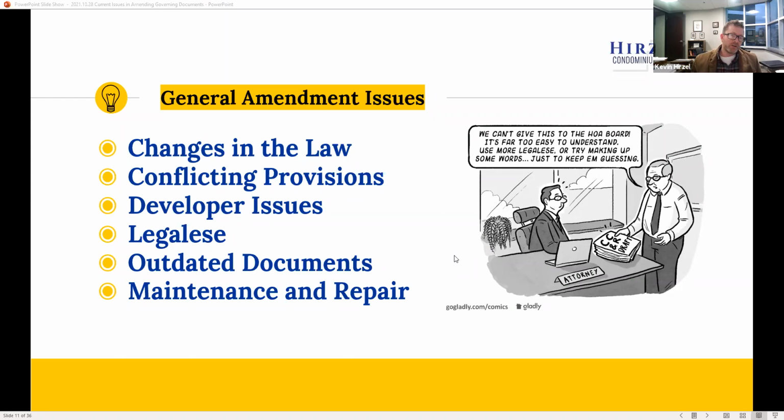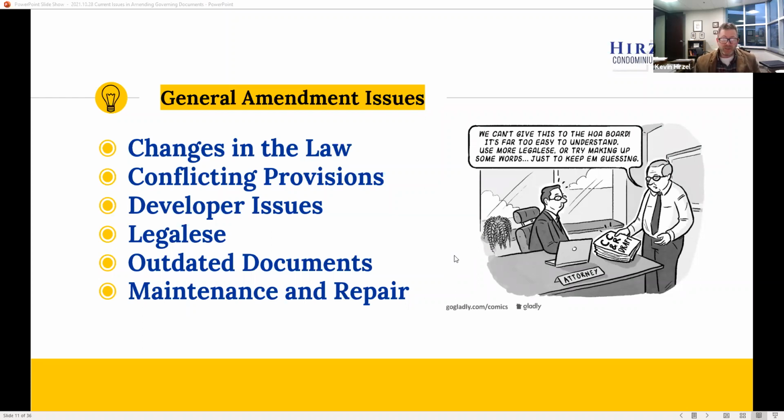There are changes in the law of the Nonprofit Corporation Act, like the action without meeting provision that I talked about before, that can allow the corporation itself to function in a way that allows more people to participate in a more efficient manner, whether it's through electronic voting, remote communication, or the action without meeting provision. There have been changes in the law that you'll want to capture to maintain efficiency and ensure compliance.